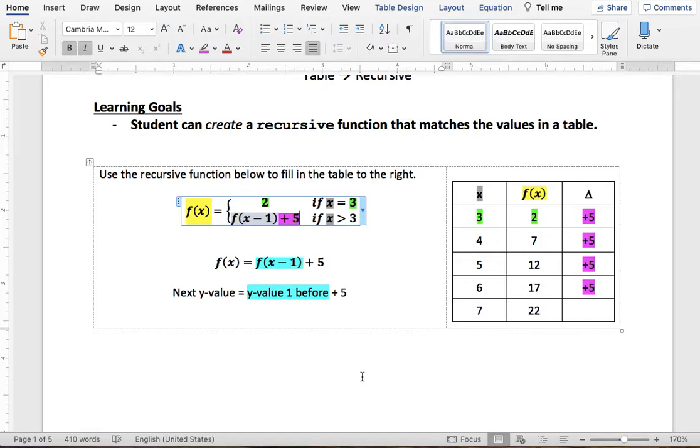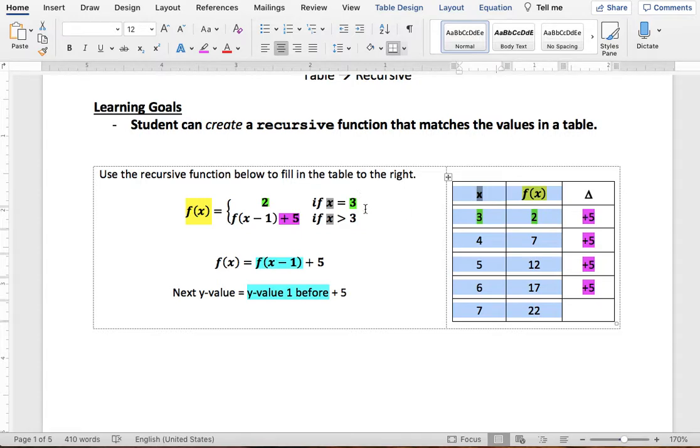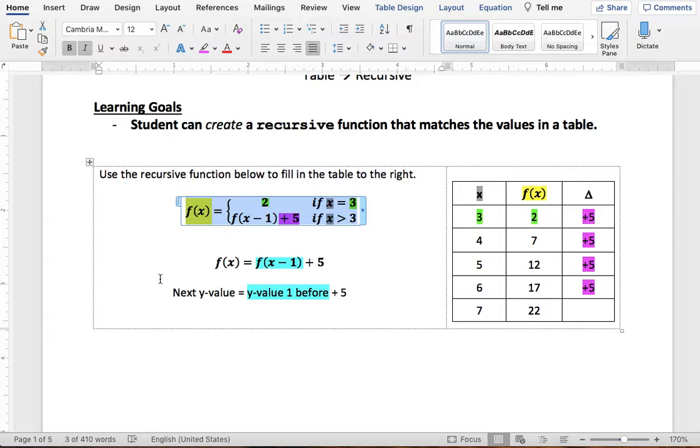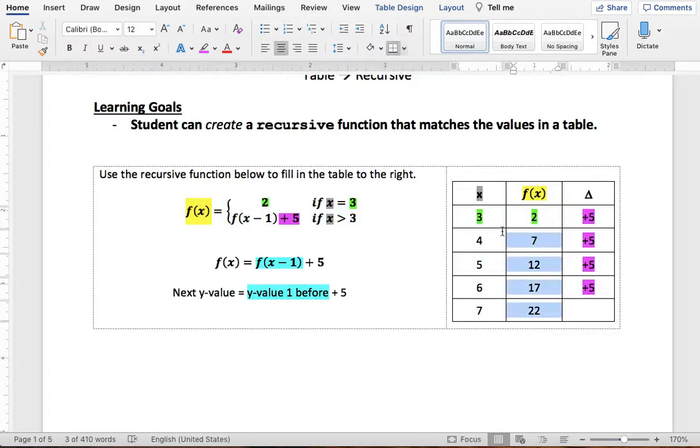Okay, so this is how you create a table of values from our recursive function. But this video is about how to do the opposite, how to go from a table of values to the recursive function. So let's sort of do that.